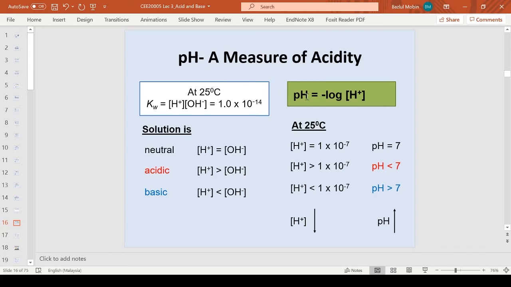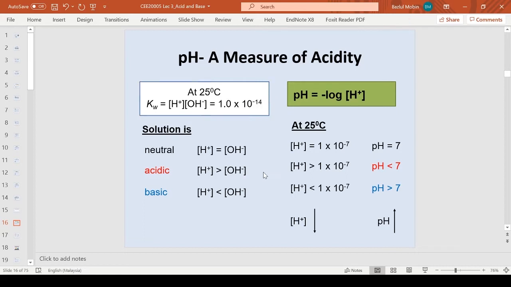From this equation we can see that pH is the negative log of hydrogen ion concentration, and for water at 25 degrees centigrade, it is always 1 times 10 to the negative 14th. So the Kw value, that is the water dissociation constant, is always 10 to the negative 14th.